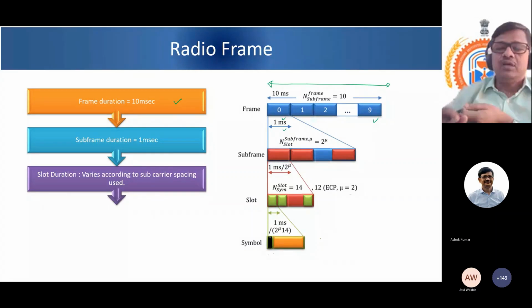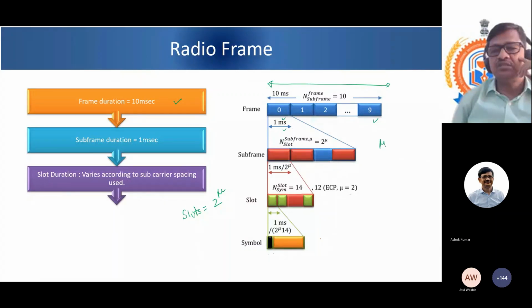Okay. So now please understand the number of slots in a subframe. The number of slots will be 2 to the power mu, depending upon the numerology. Just tell me, if it is numerology 0, then 2 to the power mu is how much?